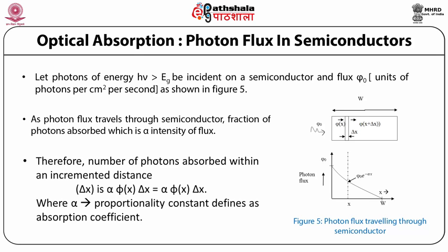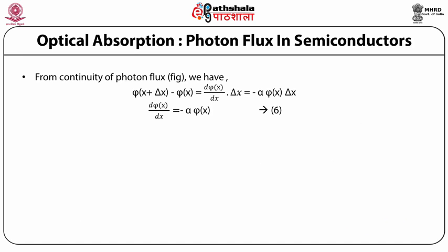Therefore, the number of photons absorbed within an incremental distance delta x is proportional to alpha phi x delta x, equal to alpha phi x delta x, where alpha is the proportionality constant defined as the absorption coefficient.